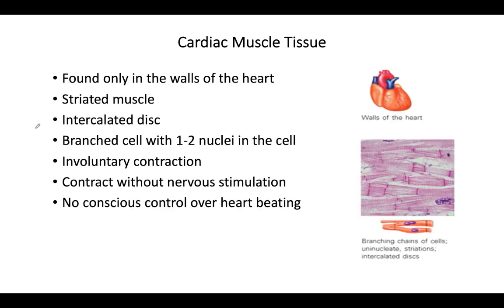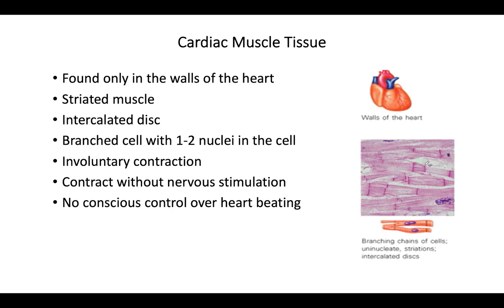Cardiac muscle is found only in the heart, and its contraction provides a major force for moving blood through the circulatory system. It is striated muscle, although the striations are not as many as in skeletal muscle, but striations are present.